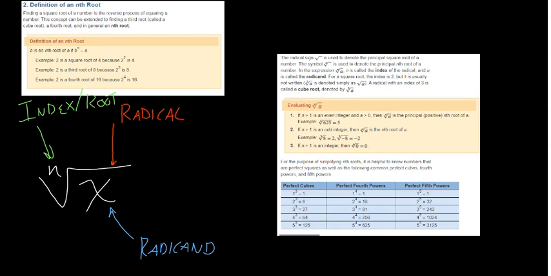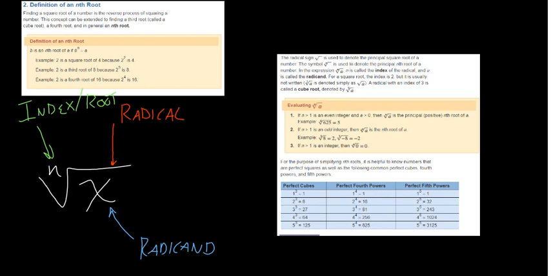Okay, so basically the first one would be if we have an even index: square root, fourth root, sixth root, and so on. The second would be if the index is an odd number: cube root, seventh root.